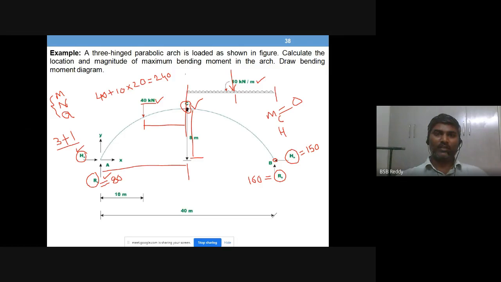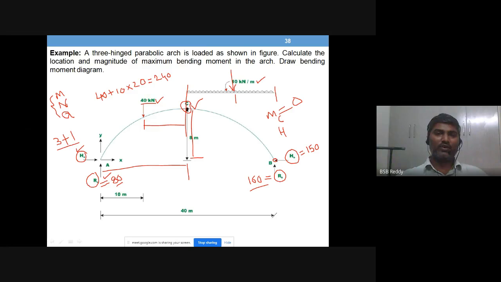Let us see. Okay, so you can see the reaction at B is almost double to support A, and the load is on the right half of the arch. The load is 200 kilonewtons. That means 20 into 10, 200 kilonewtons is the total load. So there is a heavy load on portion BC and less load on portion AC.